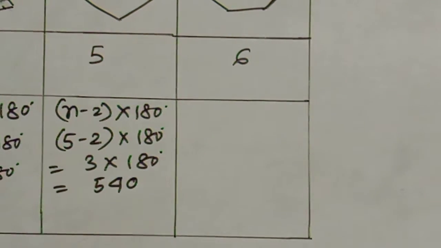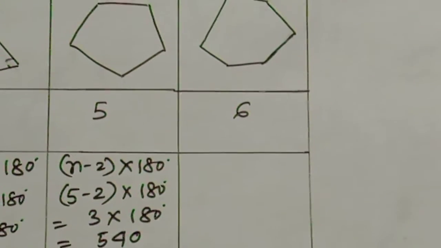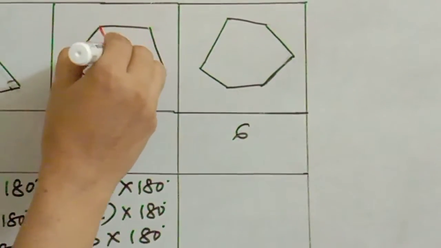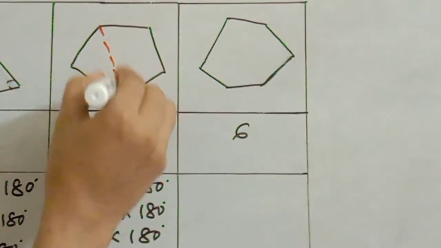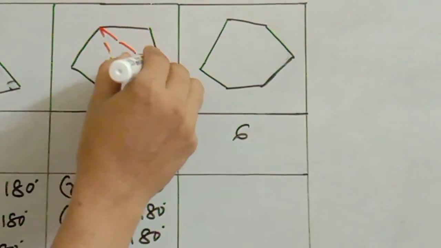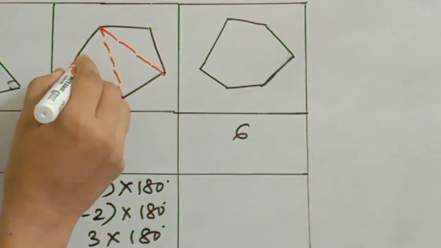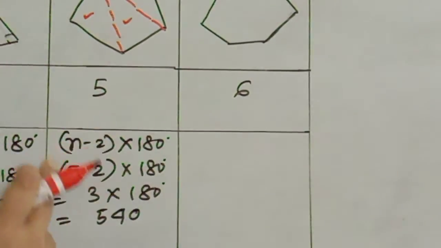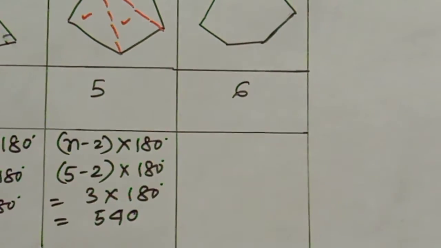You can see that here also you can draw three triangles. Select any vertex and join the lines. So how many triangles can you see? 1, 2 and 3. So 3 into 180 degrees. But using the formula it will be very easy for you.